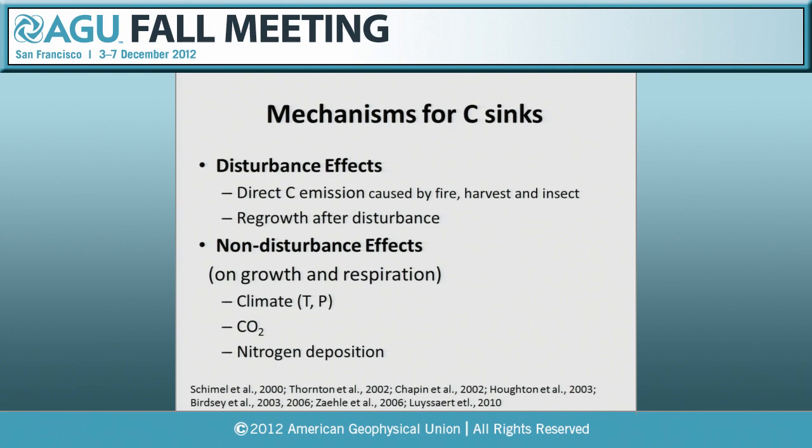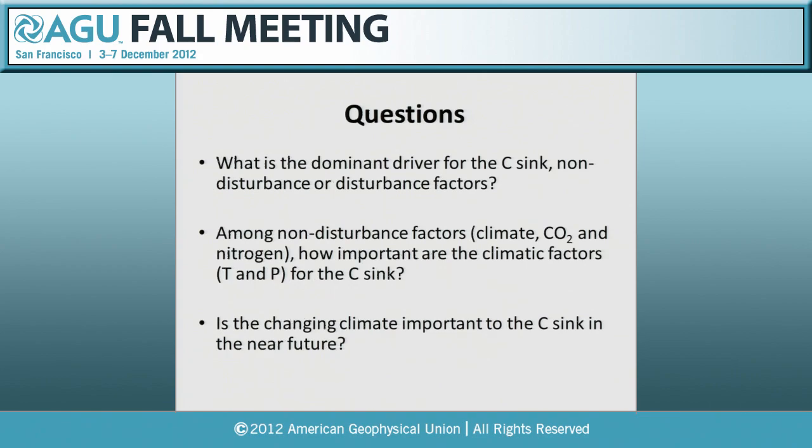And the non-disturbance effects, on both growth and respiration, include climate, mostly temperature and precipitation, and CO2 and nitrogen deposition. There are more than these, but these are the three factors that we consider, and a lot of studies involve these various aspects.